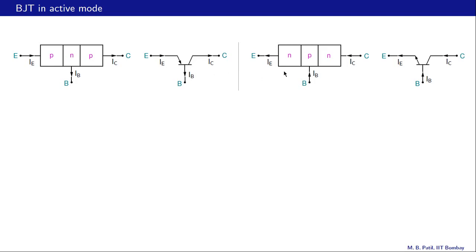Similarly, for an NPN BJT, the emitter base junction is under forward bias in the active mode. That means the base is at a higher potential than the emitter, and the base collector junction is under reverse bias. That means the collector is sitting at a higher potential compared to the base.